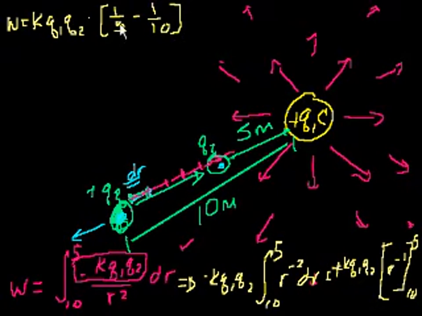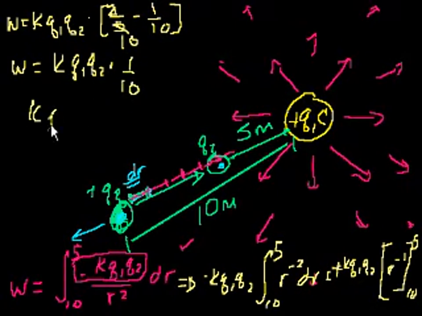Well, 1 over 5 is the same thing as 2 over 10, right? So the work is equal to k q1 q2 times 2 over 10 minus 1 over 10, which is 1 over 10. So it equals k q1 q2 over 10. That's the work to take the particle from here to here.